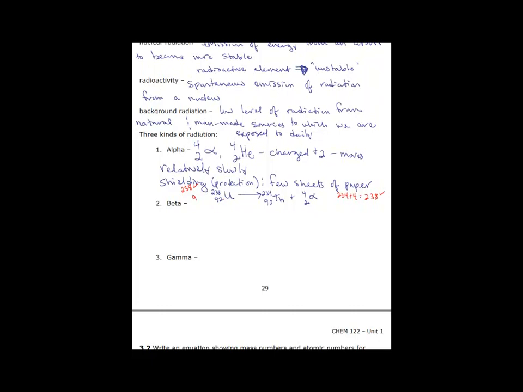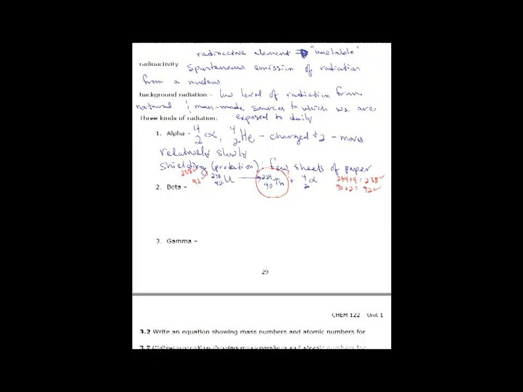So we have 92 on the left, and then 90 plus 2 gives us 92. So that's balanced. So I could have just left this blank and said, fill that in. And with addition and subtraction, you could have figured that out. Okay, so that's alpha radiation. That's the lowest energy form of radiation that we're going to learn about.